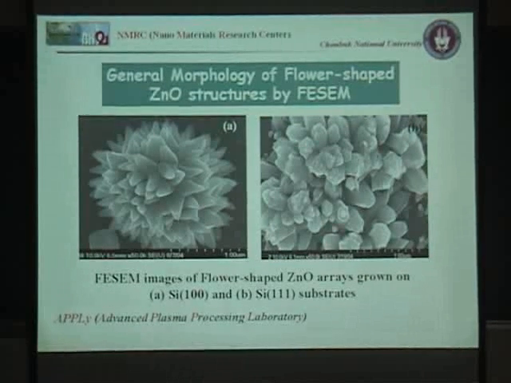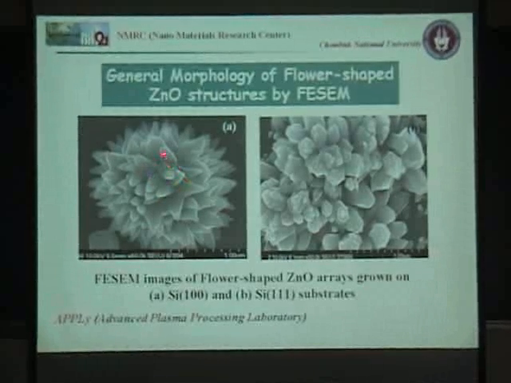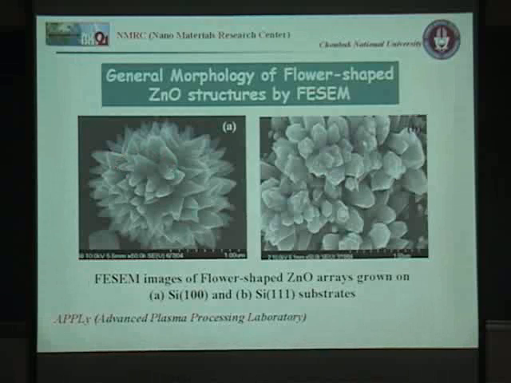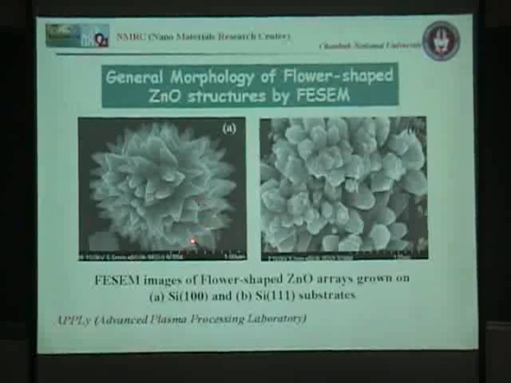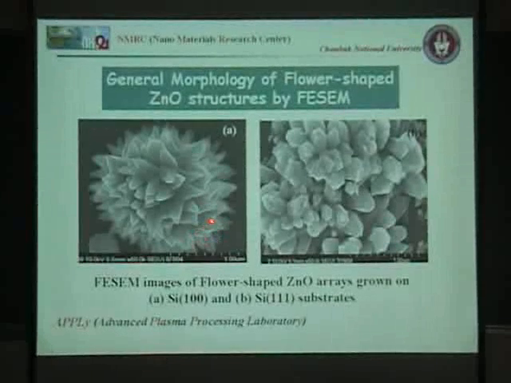In figure A we can see that these structures show sharpened tips while their bases are broader, and these wider bases are joined to each other and form this type of structure. One of the most interesting things in these structures is that they are formed layer by layer.